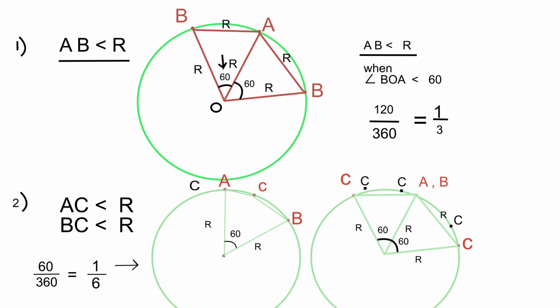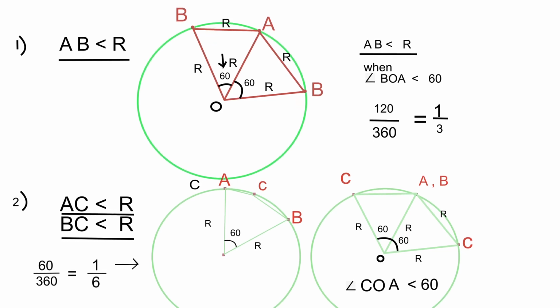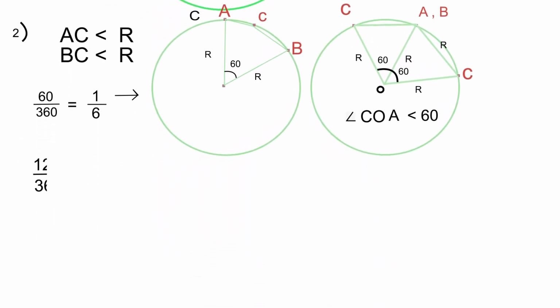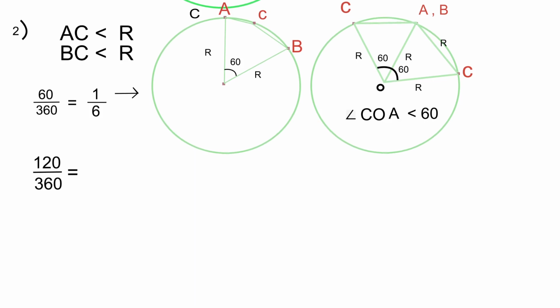It's got to be in a way so that the angle is less than 60. Very similar to over here, the angle, I'll write it here, COA has to be less than 60 in order for these conditions to be met. So this scenario gives you an additional probability. It gives you 120 over 360, and that's 1 over 3.